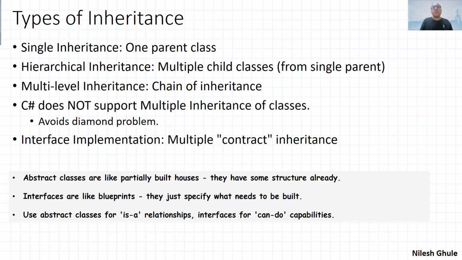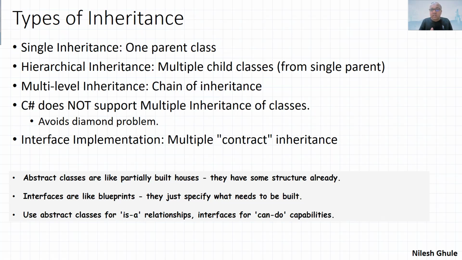However, multiple inheritance is not supported in languages like Java and C#. Yes, it is supported in languages like C++, and that causes something called the diamond problem. You can watch about the diamond problem in some other video of ours. Though C# and Java don't support multiple class inheritance, they still support multiple interface inheritance.